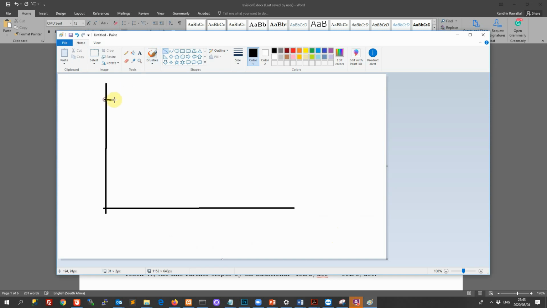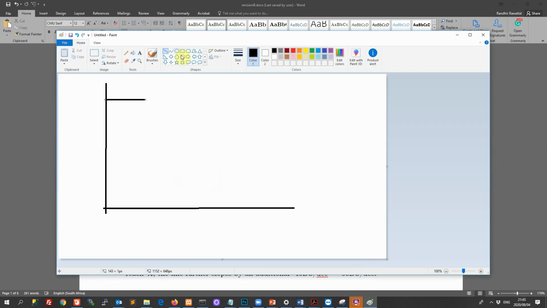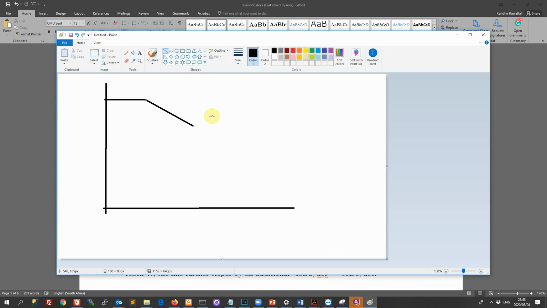Then we reach an omega value of 1 over 1,000. Around 1 over 1,000, it's going to slope down at minus 20 decibels per decade. So we'll draw that here. Let's say that's minus 20 decibels per decade. And then when we reach around 1 over 4, it's going to slope at minus 60 decibels per decade. So let's draw it like that.